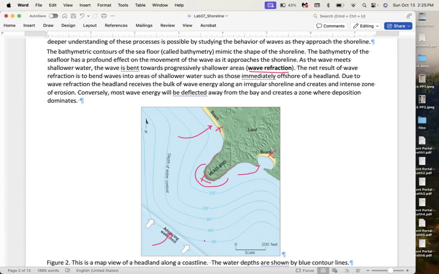Well, if that's the case, then the wavelength, let's call it WL, for this system is going to be 100 feet, because half of that is going to be 50 feet.